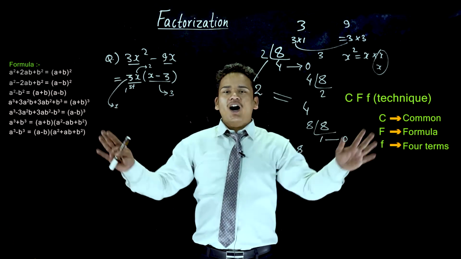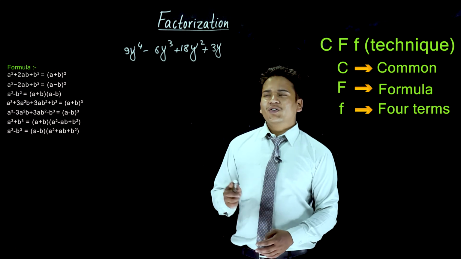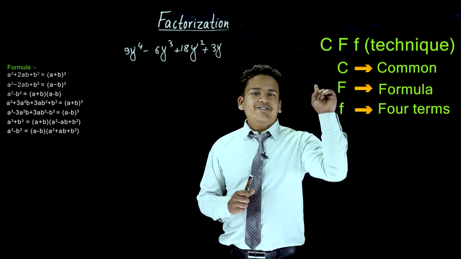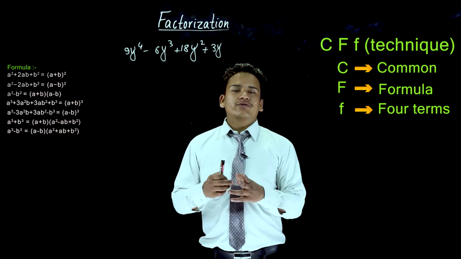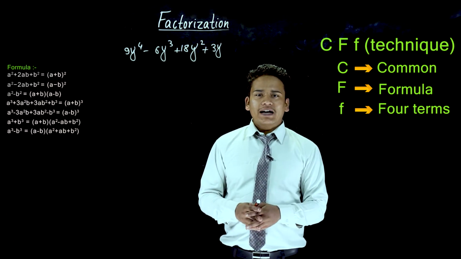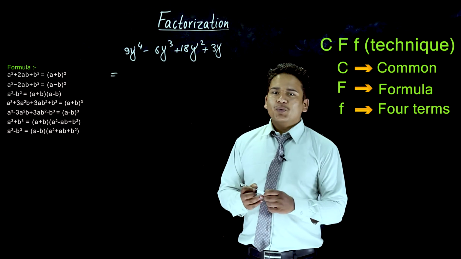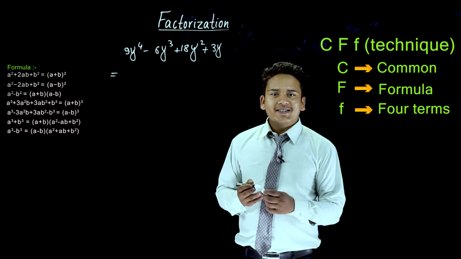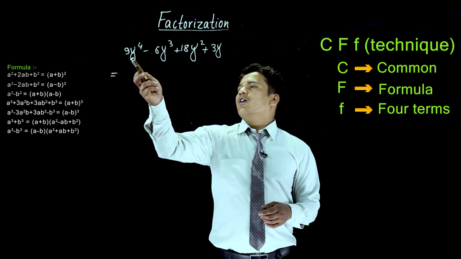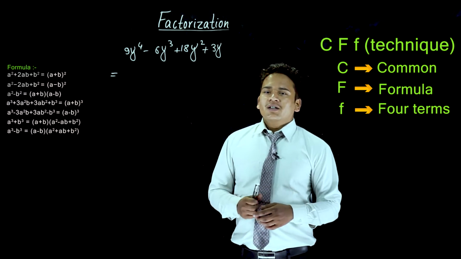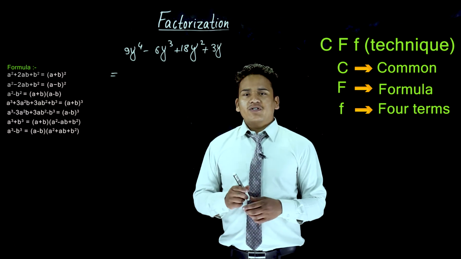Let's wrap this up and perform another question. Let's factorize another algebraic expression using the CFF technique. That C always says take the common factor first if it is possible. First of all, to take the common factors, let's check the number of terms. We have got 4 terms. I already said that terms are separated either by plus or by minus. Out of 4 terms, if something can be taken as a common factor, then we need to take it first. That's what C says.